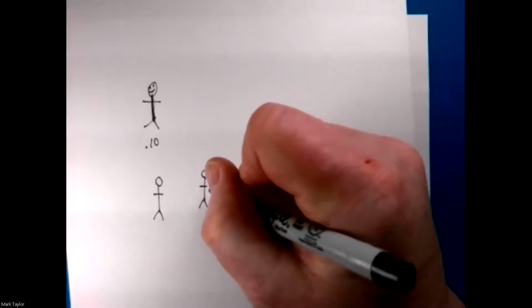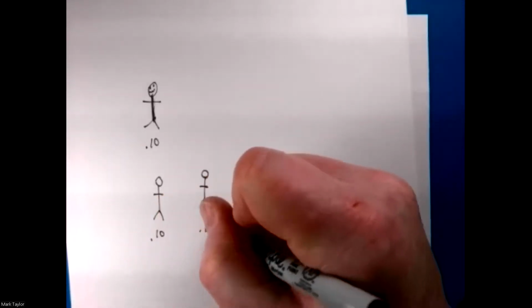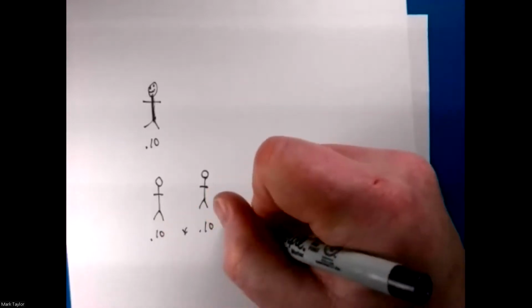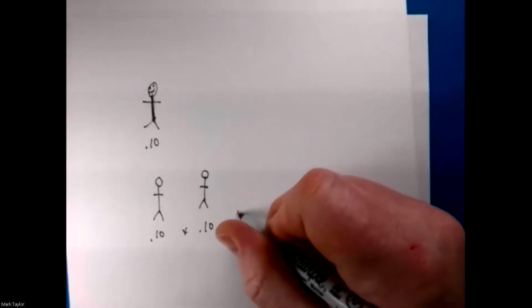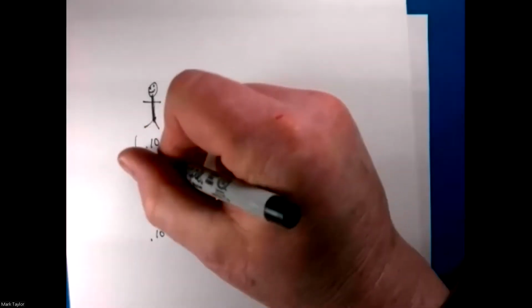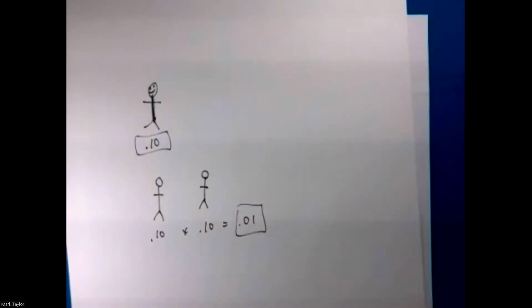So if you have 2 people counting, and each of them has a 10% chance, the likelihood that both of those are going to be people who would take it has changed from a 10% possibility down to 1%. And actually, it's probably even less than that.